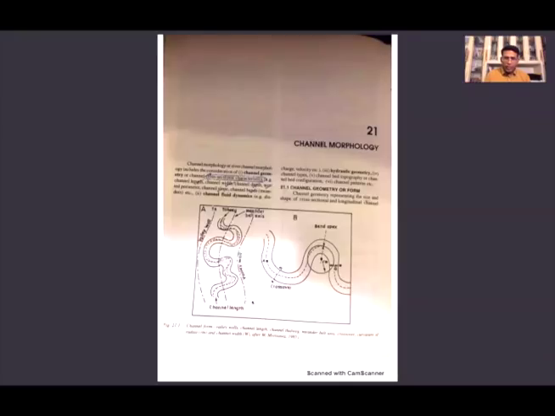We call this the valley wall, and the length of this is called the valley length. So we have two terms here. One is the concept of channel length, and another is the concept of valley length.